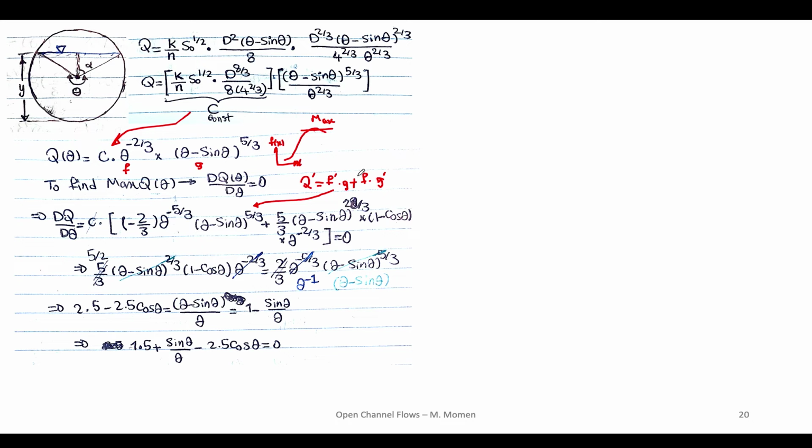And then the second one is going to be f, which is theta to minus 2/3, I wrote it here, times g prime. So the derivative of the second function is going to be 5/3 theta minus sine theta to power 2/3 times the derivative of inside the parentheses, which is going to be 1 minus cosine theta. Okay, so this is just this.